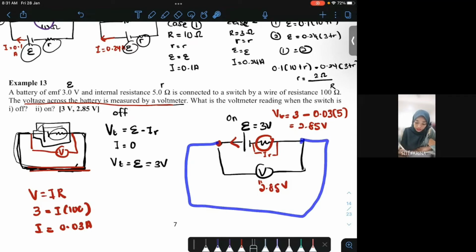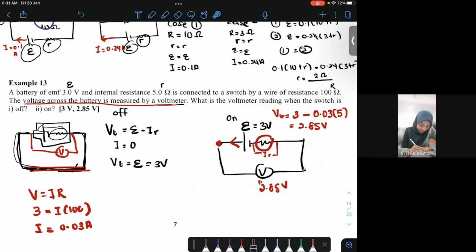Circuit complete, current akan keluar. Current keluar, kena overcome potential dekat dalam due to internal resistance. Remaining, ini 2.85 lah yang akan lalu dekat external resistance 100 ohm tadi tu. Case pertama tadi, circuit kita tak complete, terbuka.